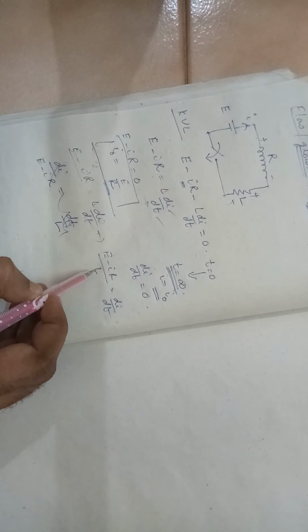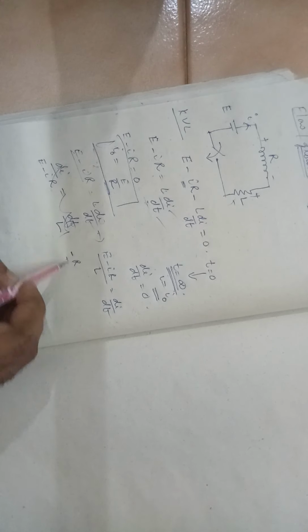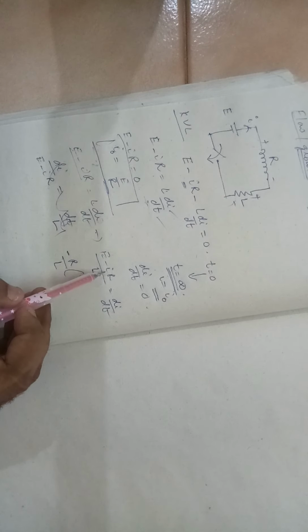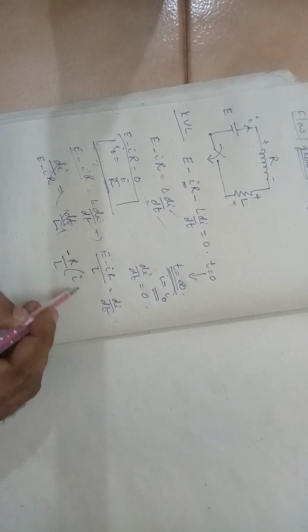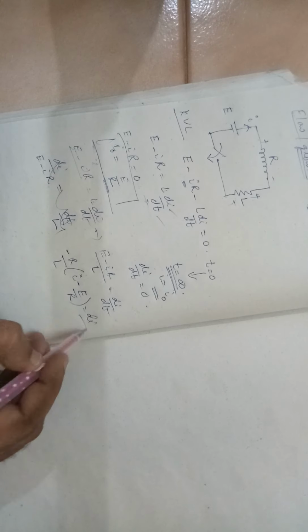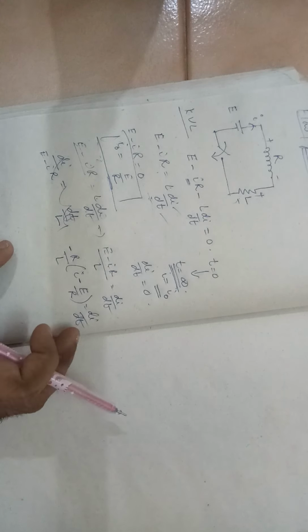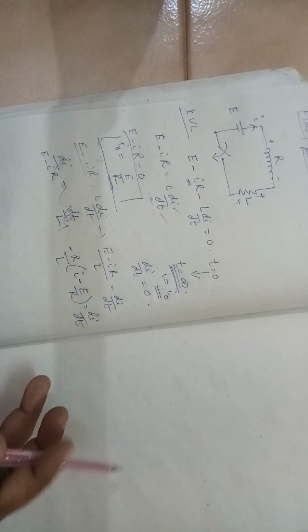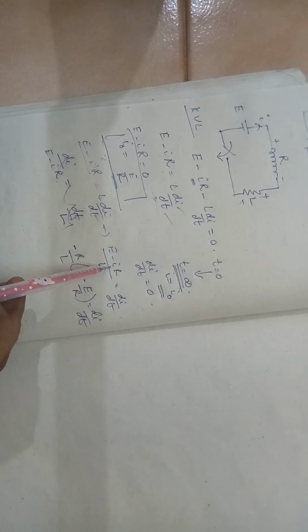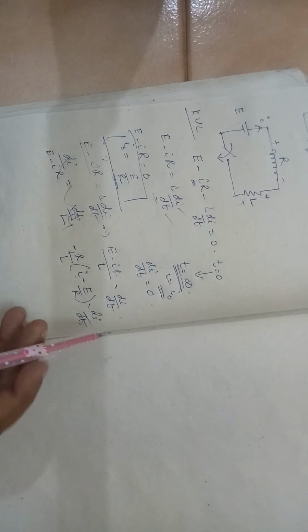L anyway is divided in the denominator, so I will take minus R outside. If I take minus R outside, I will come this way, and this will become I minus E by R is equal to di by dt. This has been done for a reason: we want to bring the equation into a particular format. We can just multiply and see. Minus R into I is minus IR, minus R into minus E by R is E.